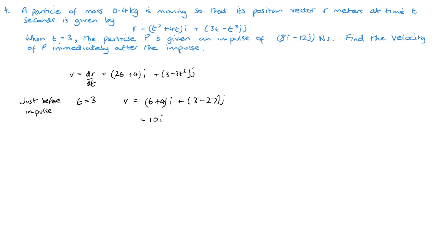So it's going to be 10i minus 24j. So that is the velocity before. So I'm going to put v with a little b there.